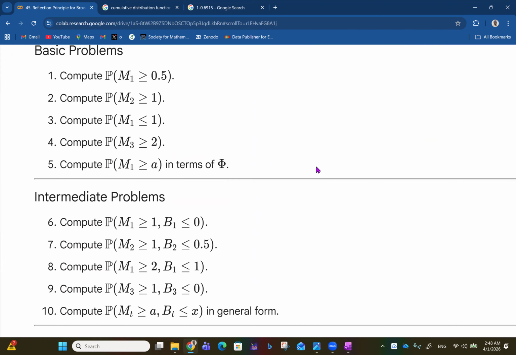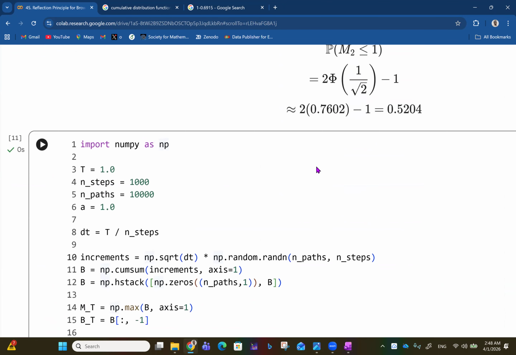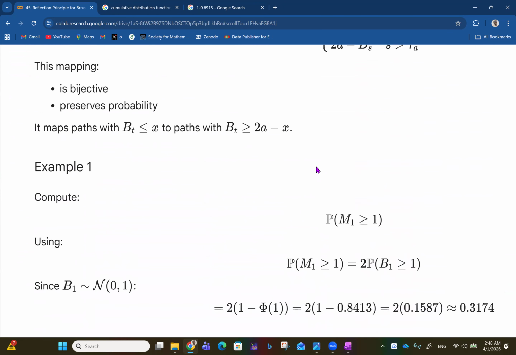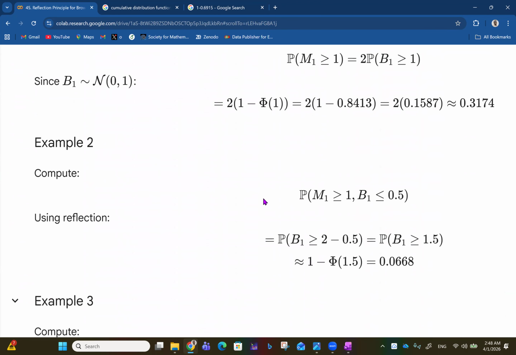So you have 1 to 5 for the basic problems. You have intermediate problems here, which will involve cases where a and x are not the same, so you have to use this other formula. I think that was the second one we did, yeah, this one right here.